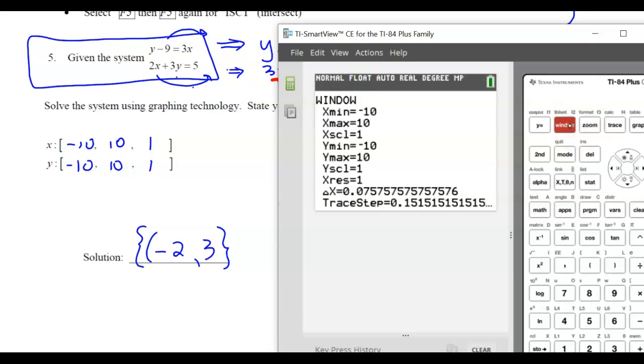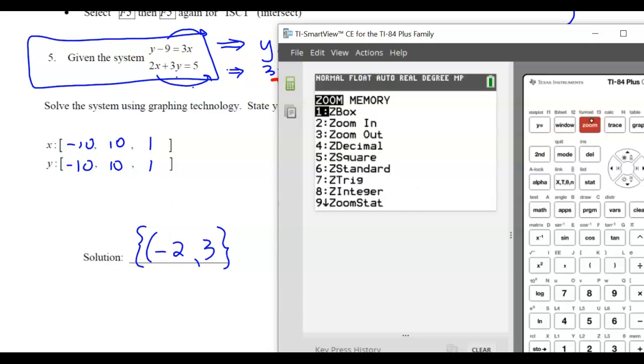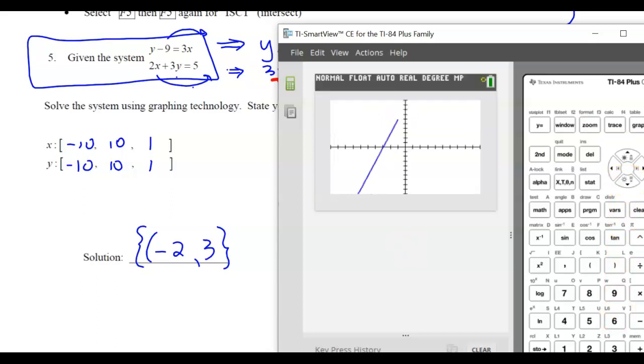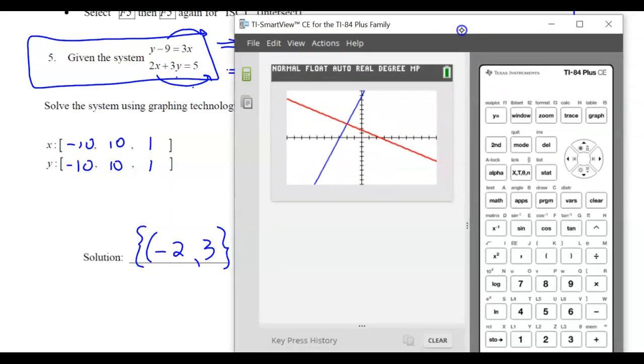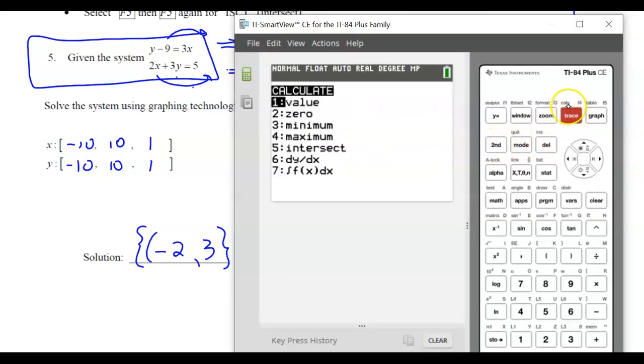It's from -10 to +10, but if it wasn't, you go to zoom and standard, which is down to number 6, or press 6. Enter on that. Okay, same graphs. To get intersect for a TI, you go second, trace. So that says calculate, and it's intersect, number 5. So either go down or press number 5.